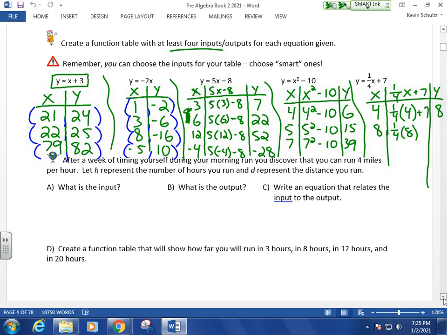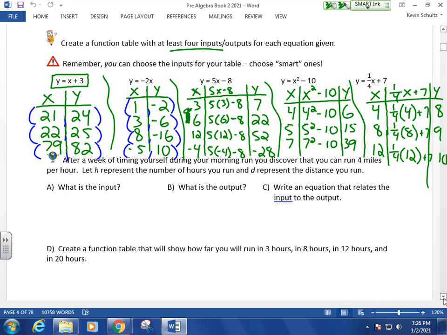A fourth of 8 is 2. 2 plus 7 equals 9. Okay. What would our next smart value be here? 4, 8. Maybe you can sense a pattern coming along here. 12? 12 is good. 1/4 of 12 is 3. 3 plus 7 is 10, right?